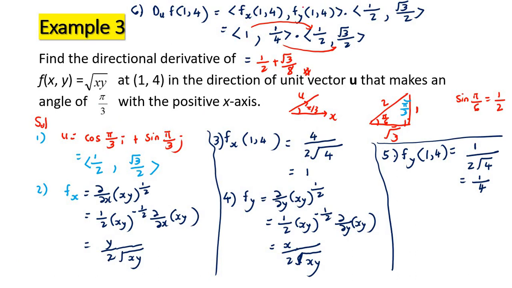So in examples 1, 2, 3, the directional derivative is fx i plus fy j dot the unit vector. And the unit vector can be either given directly, or they give a vector A so you divide A by its magnitude to become a unit vector, or they make it a certain angle with the positive x-axis.